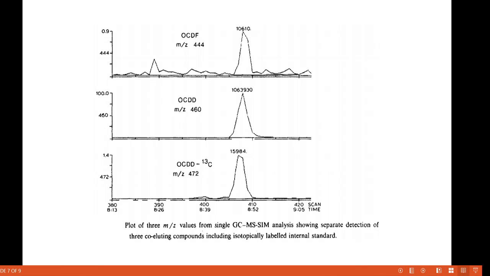This plot not only illustrates the use of isotopically labeled internal standard, but it shows the value of selected ion monitoring in analyzing the substances even if they cannot be chromatographically separated. Okay, so this figure shows that.